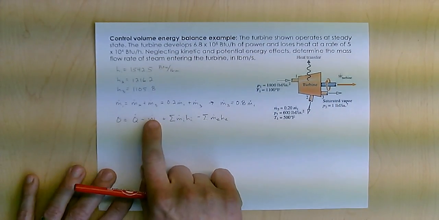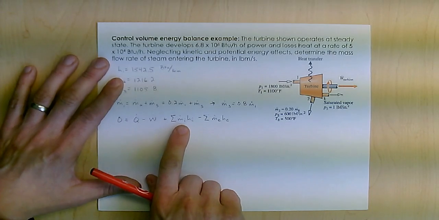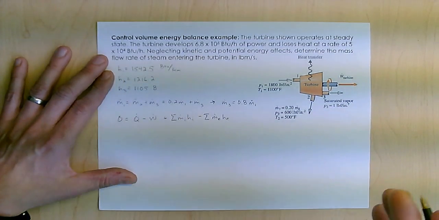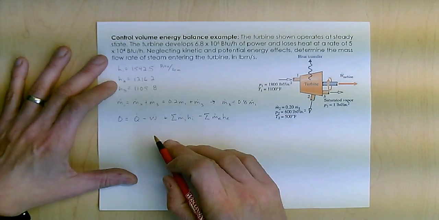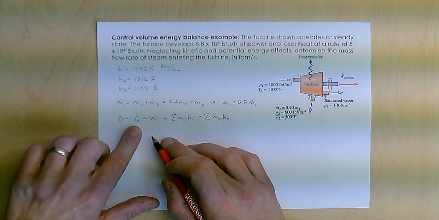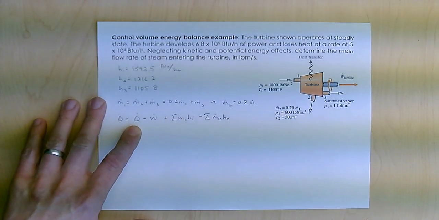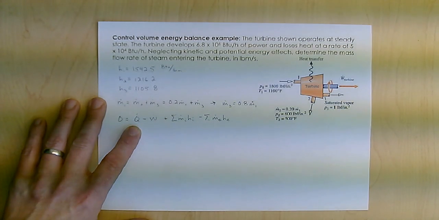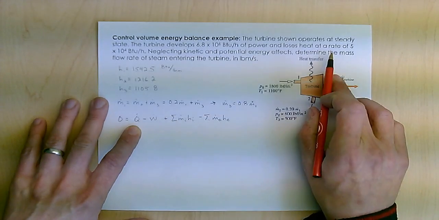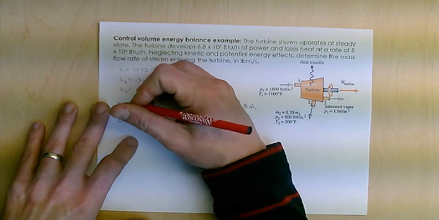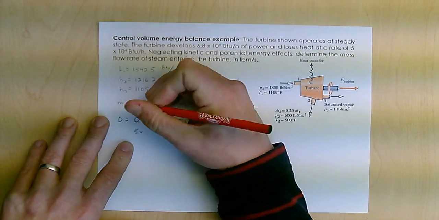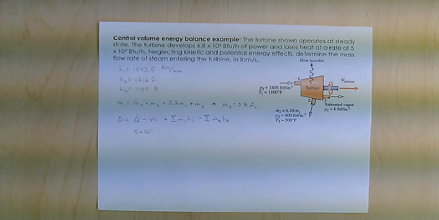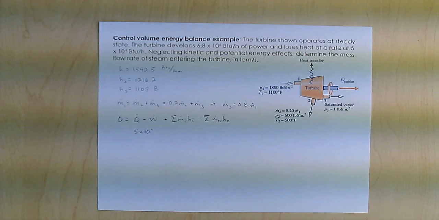So again, it's heat minus work plus basically the enthalpy in minus the enthalpy out. And I know everything in this equation, which is to say Q is 5 times 10 to the 4th. That would be BTUs per hour.